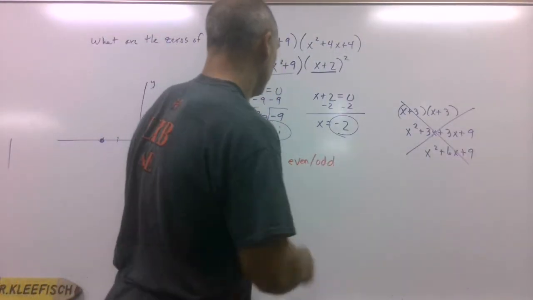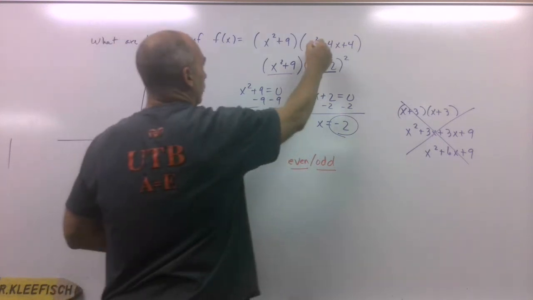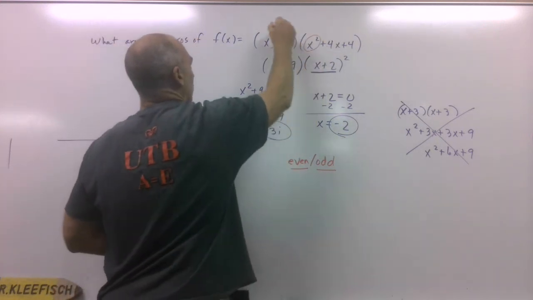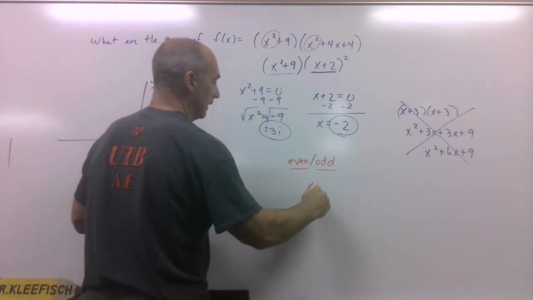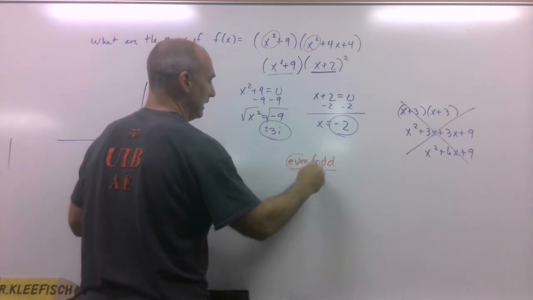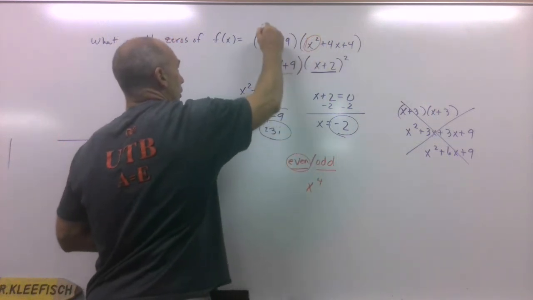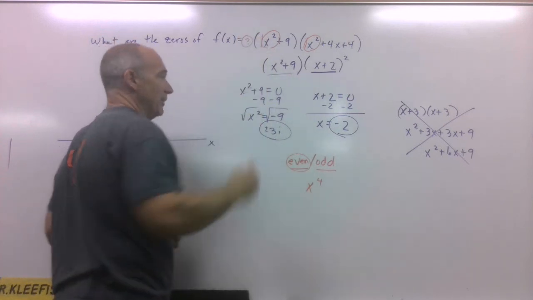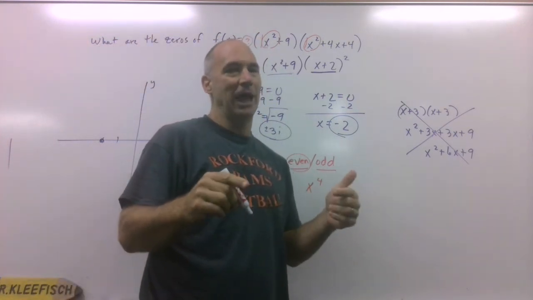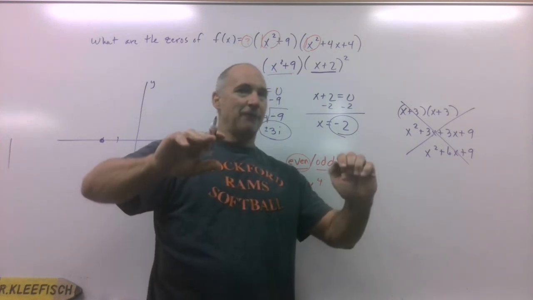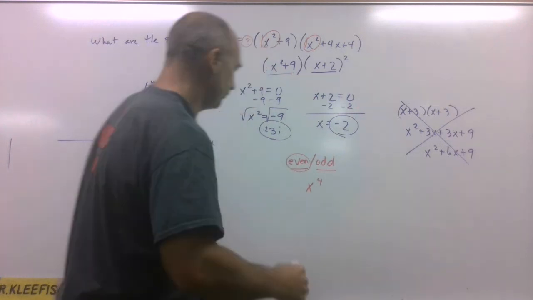So to determine, is this an even or an odd polynomial, all you need to do is go back to the original and look at these two highest powered terms, multiply them together. I get x to the 4th, so I know it's an even powered term. Also, no negative, no negative, no negative. We haven't had one like that yet, so it doesn't look like they're going to get after you with that yet. But that would flip the graph, and then the end behavior changes, but don't worry about that right now.